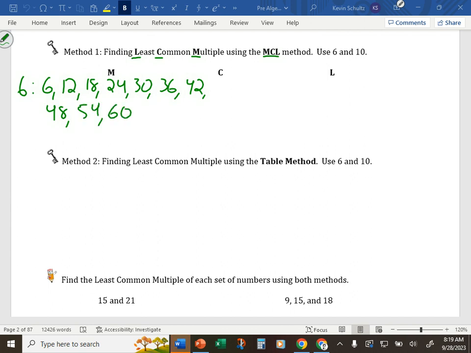How do we know when to stop? We really don't know when to stop. So we just kind of list a few. I usually go out to 10 of them, and then we go to the next number and see what happens. Okay, so multiples of 10: 10, 20, 30, 40, 50, 60, 70, and again, they continue on as well.